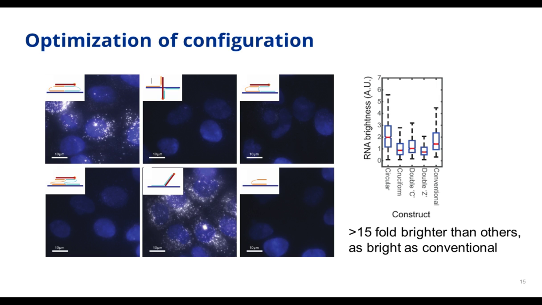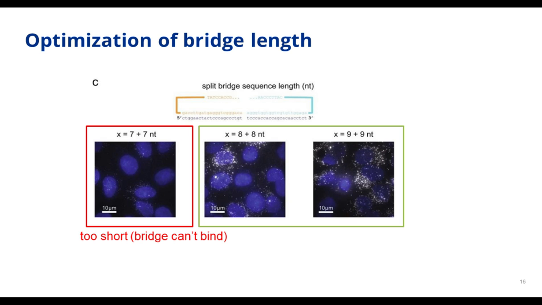We call this the conventional case, and we compared them and they have almost the same efficiency. This way of pairing the probes is the best among all the other configurations that we have tested.